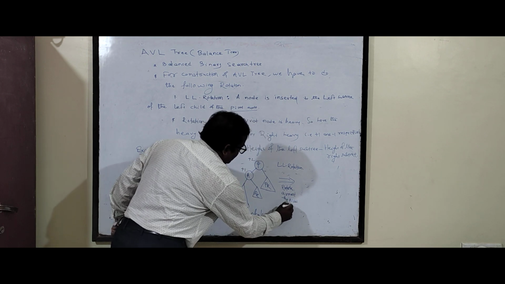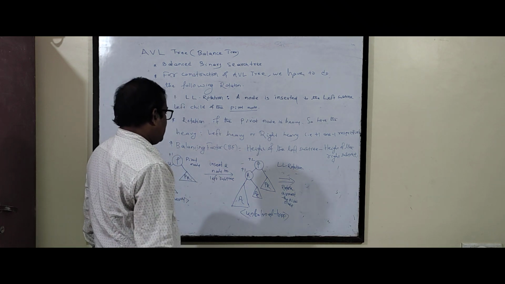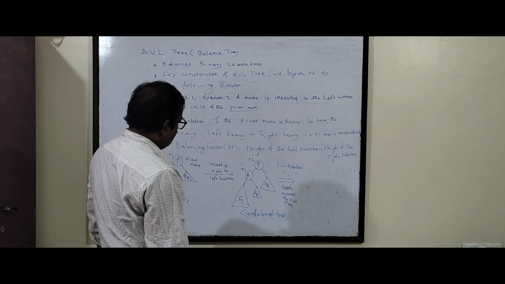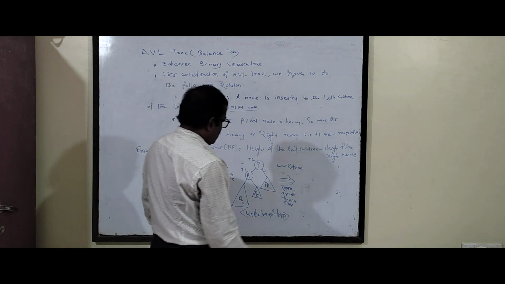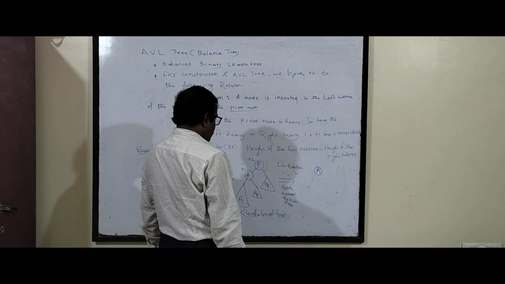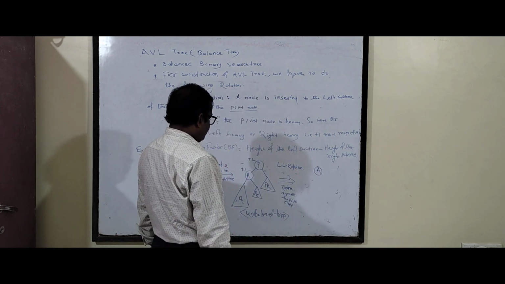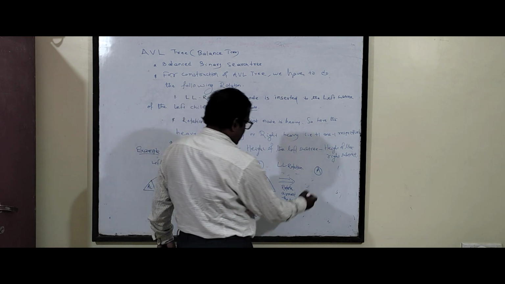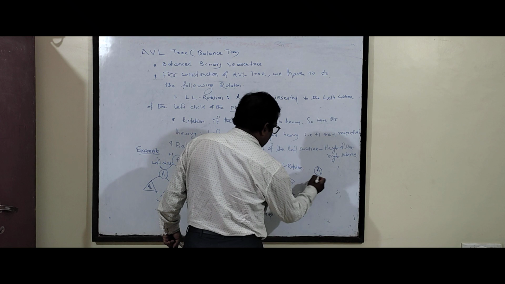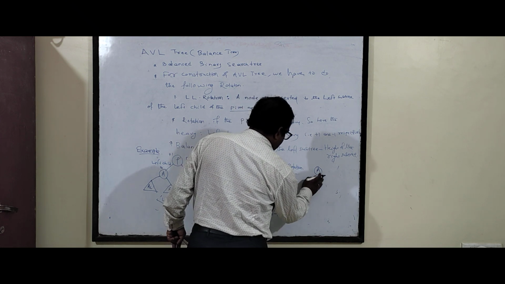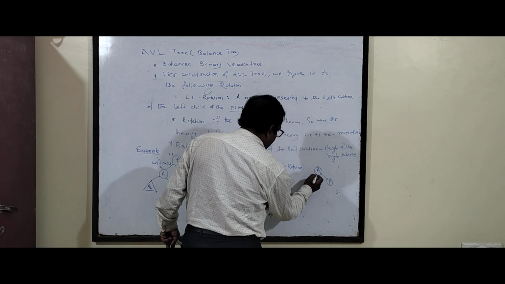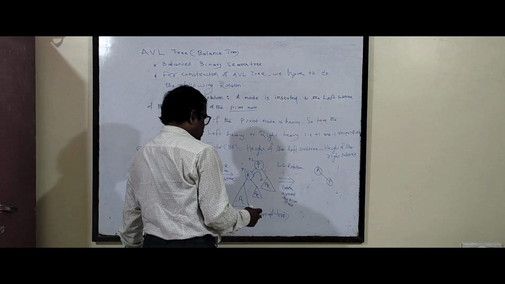If you are rotating, look at this picture here. A will come up, and a little bit of height will also be gained. P goes down, so this is the rotation here. Make it P here.